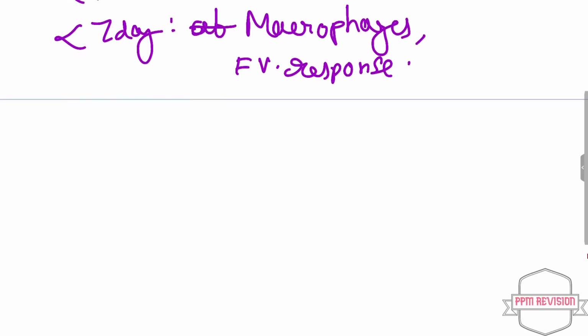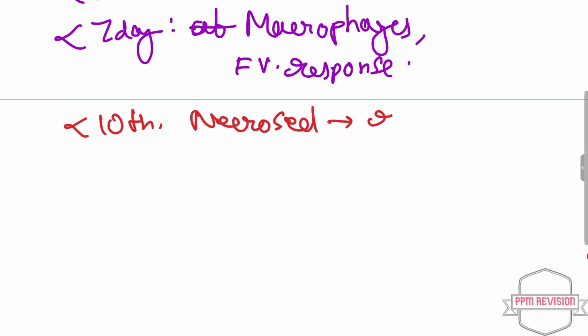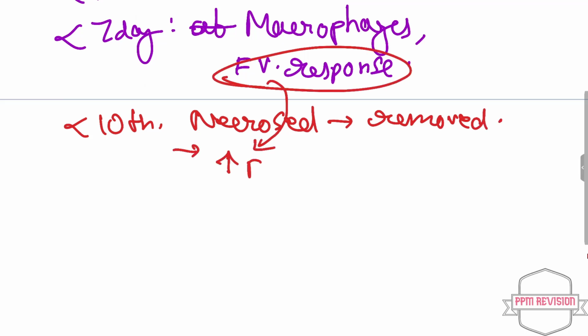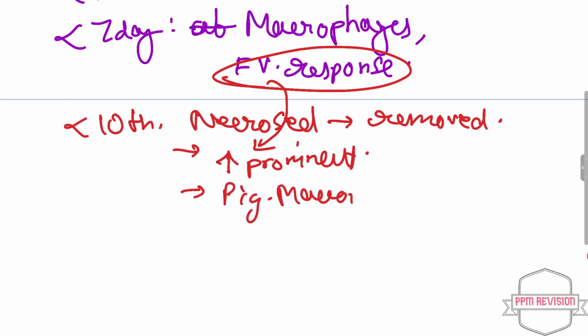By about the 10th day, the necrosed material is removed, the fibrovascular response is more prominent, and there is presence of pigmented macrophages, eosinophils, lymphocytes, and plasma cells.